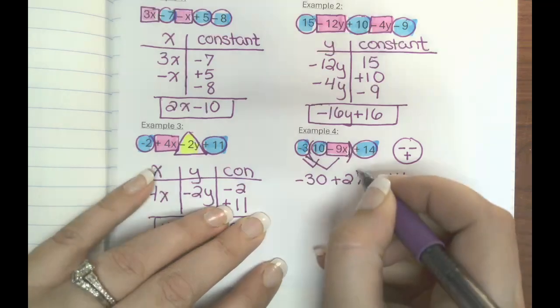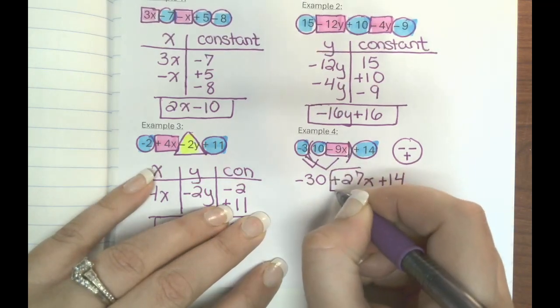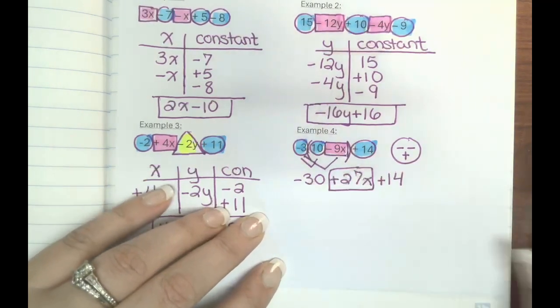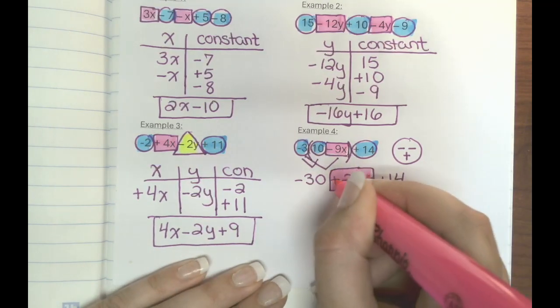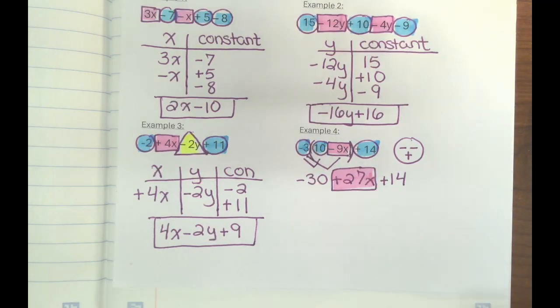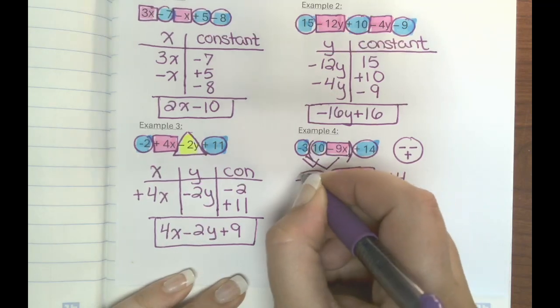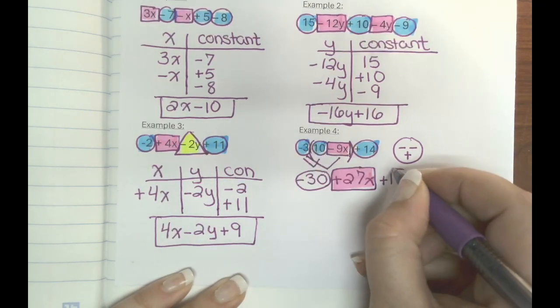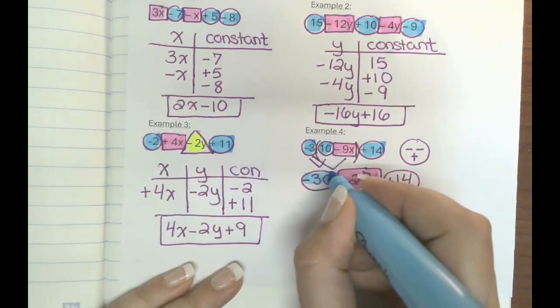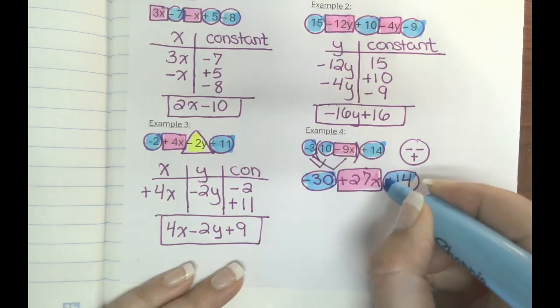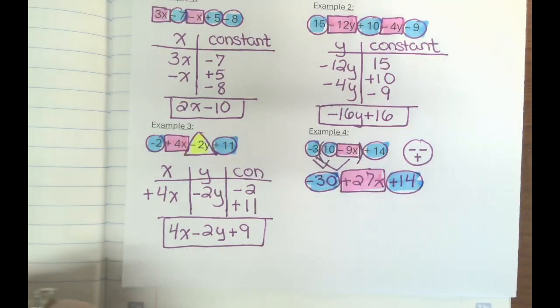So I'm going to box in my term with my variable, so my positive 27x, and circle my constants, so negative 30 and positive 14. And then I can group those together with my families.